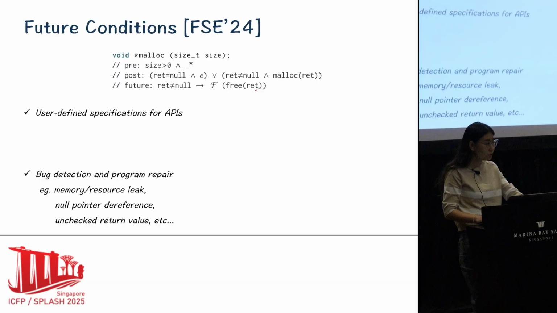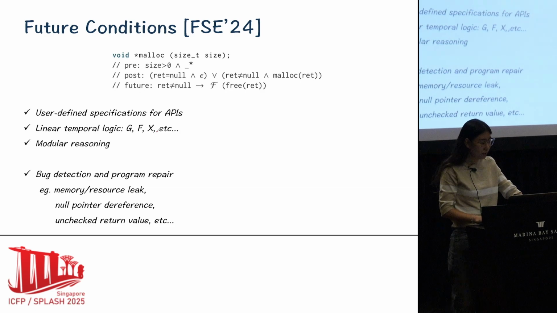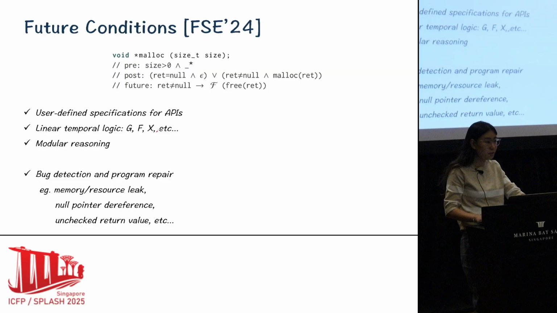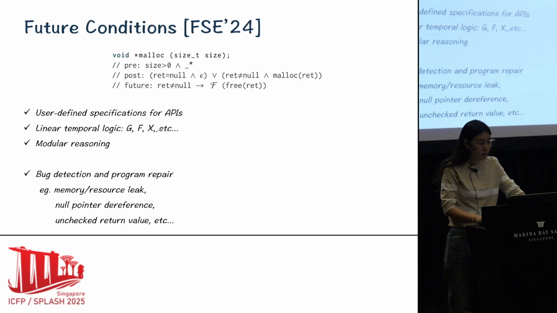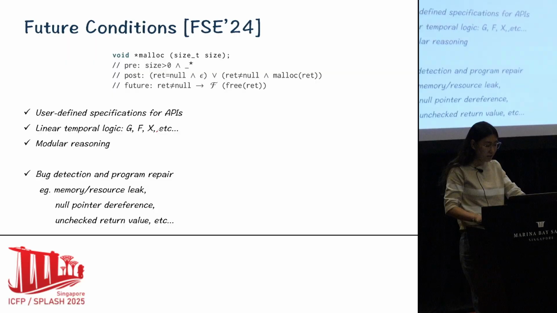As we can see, future condition provides a way to write user-defined specifications for important APIs. It can capture the constraints after a certain function call, and it combines arithmetic constraints and linear temporal logic, with operators like globally, finally, next, etc. It enables modular reasoning, which means that each function is only reasoned about once, and when it is called, it can be replaced by its verified specification.